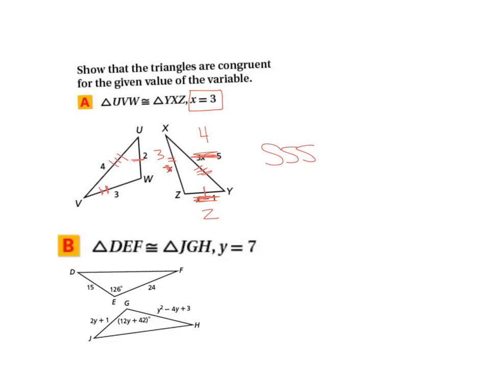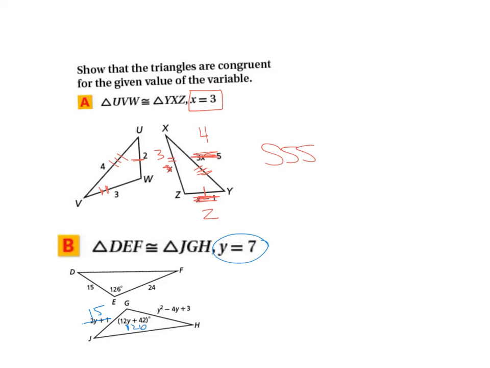Here's another problem just like that. So this time they're telling me that y is 7. And so I would plug that in. So 7 times 2 is 14 plus 1 is 15. Right here, 12 times 7 is 84. 84 plus 42 is 126.